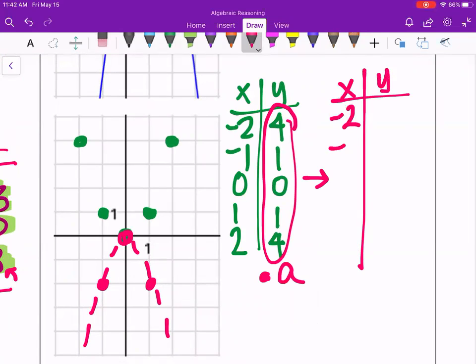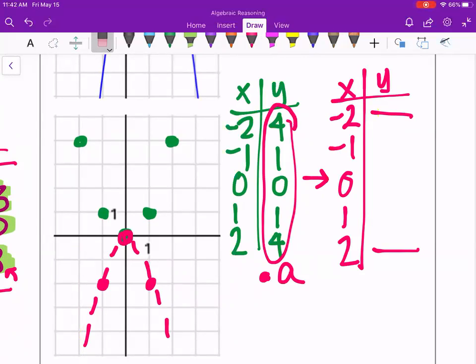So -2, -1, same X's, but let's look at these Y's. We have, again, nothing on our graph yet for -2. So follow my -2 down. There's no point there yet. So like before, I'm going to leave it blank. There's nothing at +2, so I'm going to leave it blank.